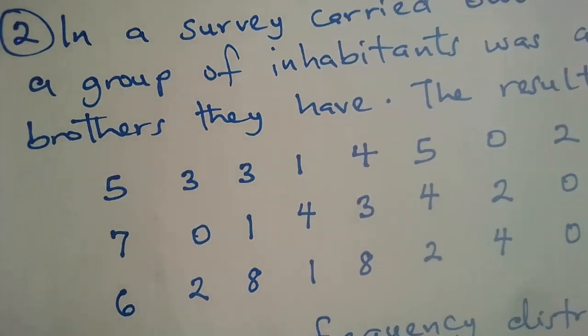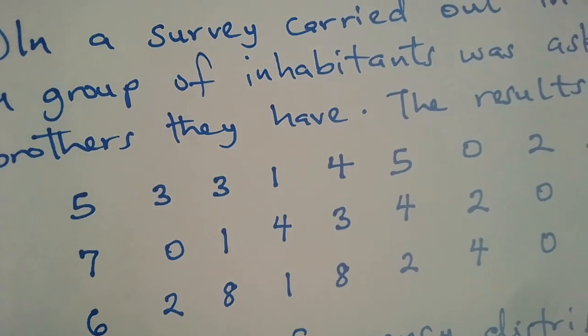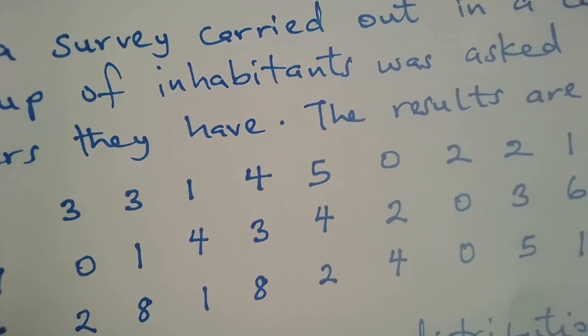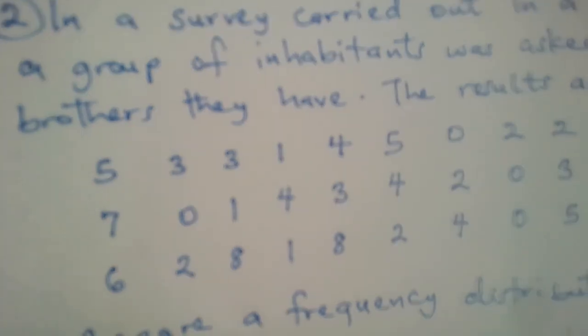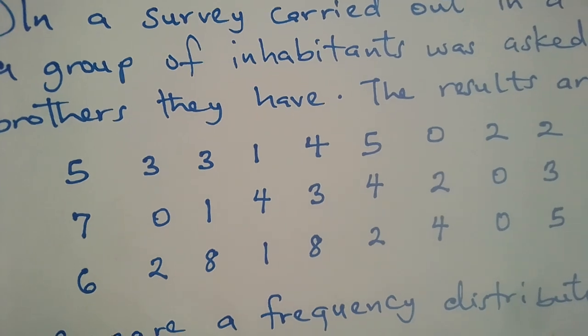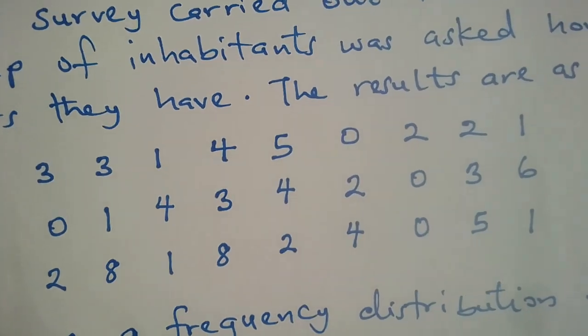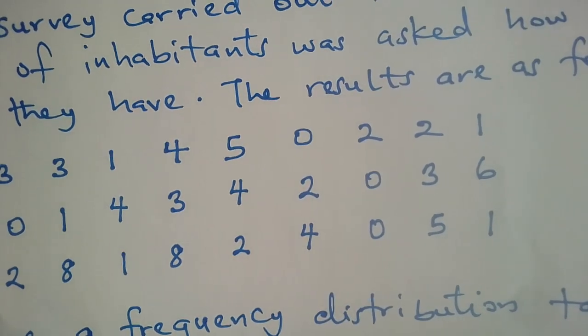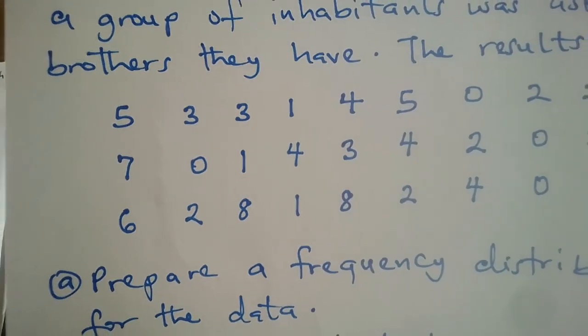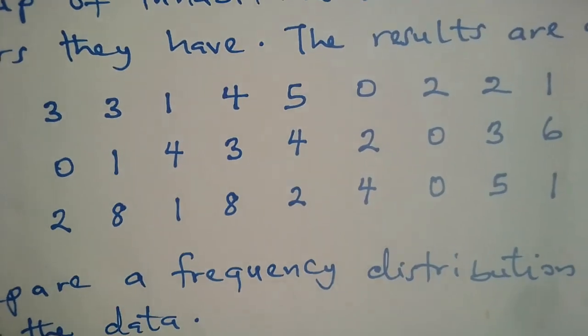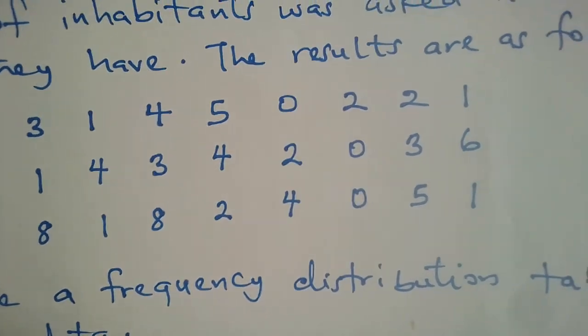One said he has 5, another 3, another 3, 1, 4, 5, 0, 2, 2, 1. Then 7, 0, 1, 4, 3, 4, 2, 0, 3, 6. Then 6, 2, 8, 1, 8, 2, 4, 0, 5, 1.